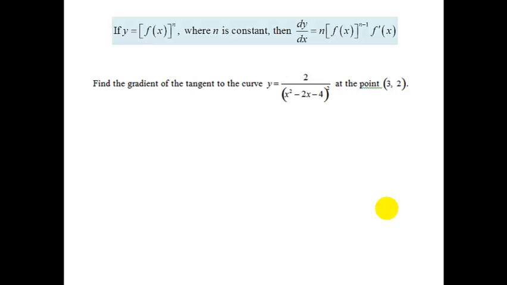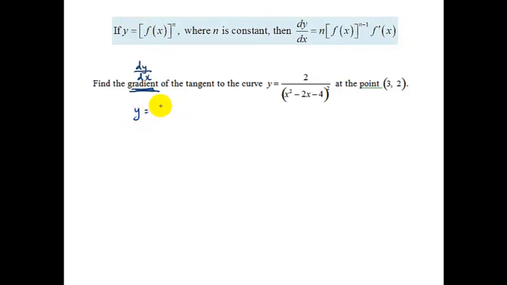One more example, you have to find the gradient of the tangent to the curve, and this is the curve equation, at a particular point (3, 2). Now recall I said in the earlier video that to find gradient, it is the same as saying find dy/dx. Differentiate. So I need to differentiate, and I need to use this formula.